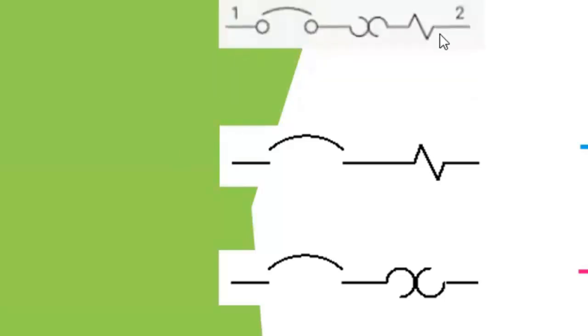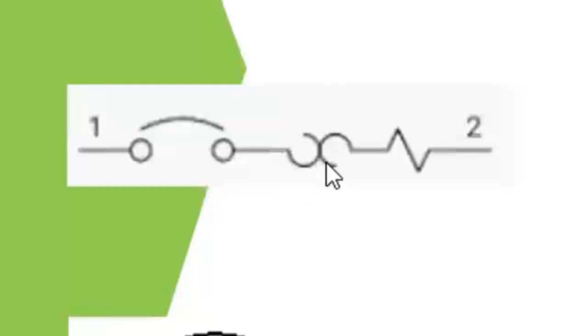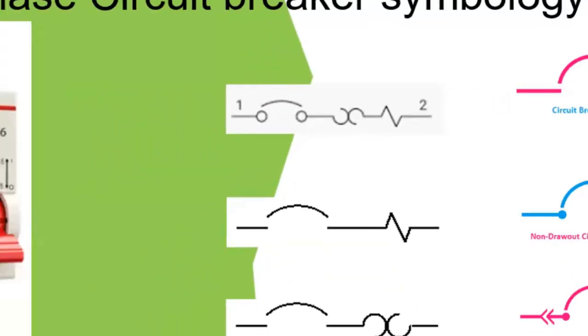Like we said earlier, there are some circuit breakers that have a combination of both, like what we have here, a combination of both the thermal and the magnetic operating mechanism. Such circuit breakers are represented like this. With this, you know that the circuit breaker you are looking at has both the thermal and the magnetic operating mechanism. You can also check out training on circuit breakers.